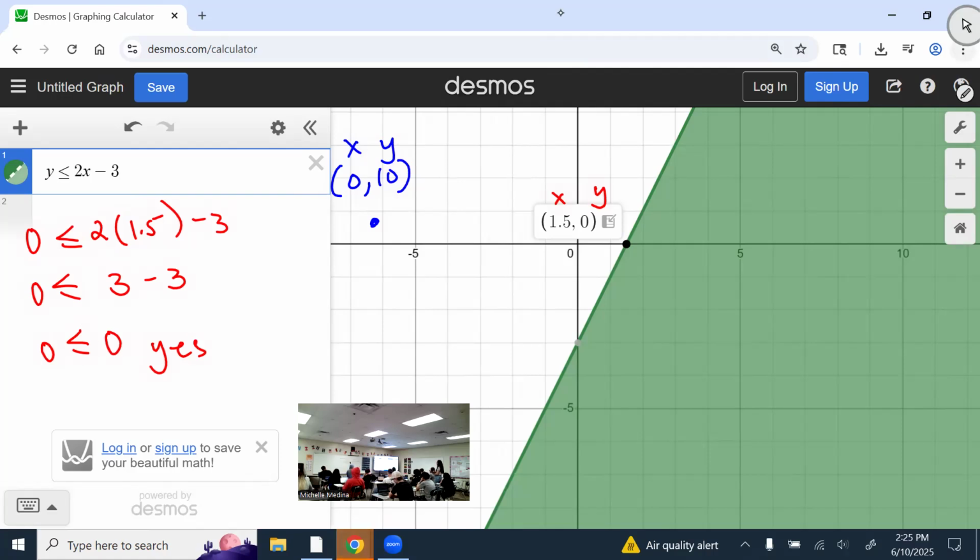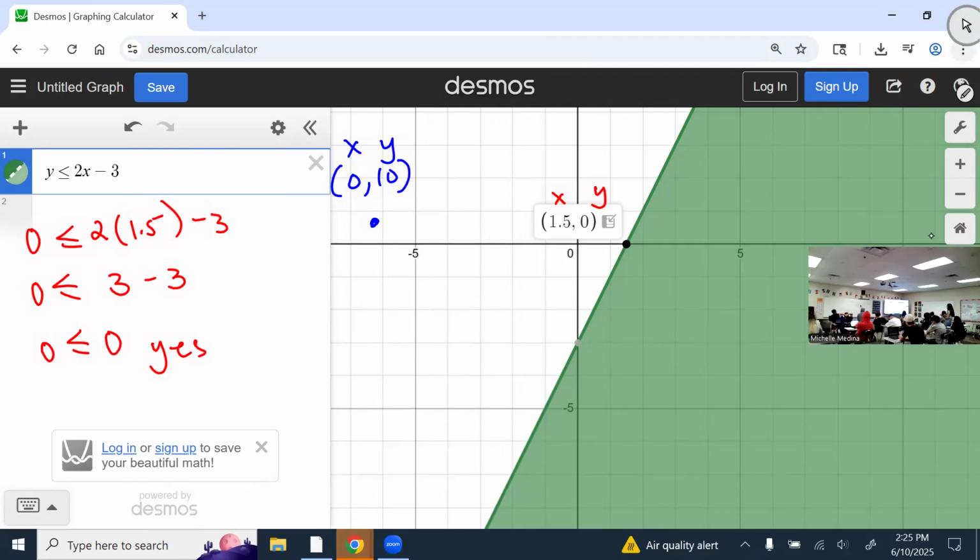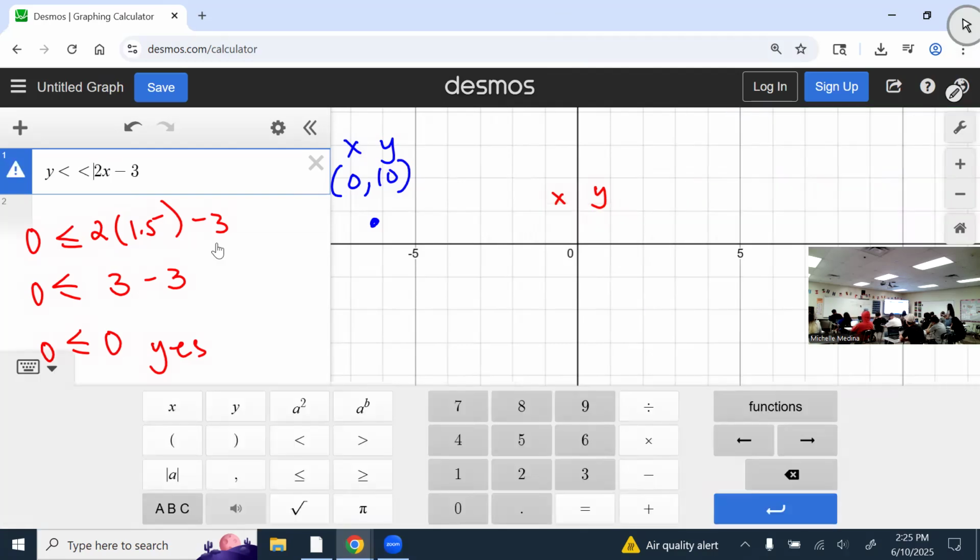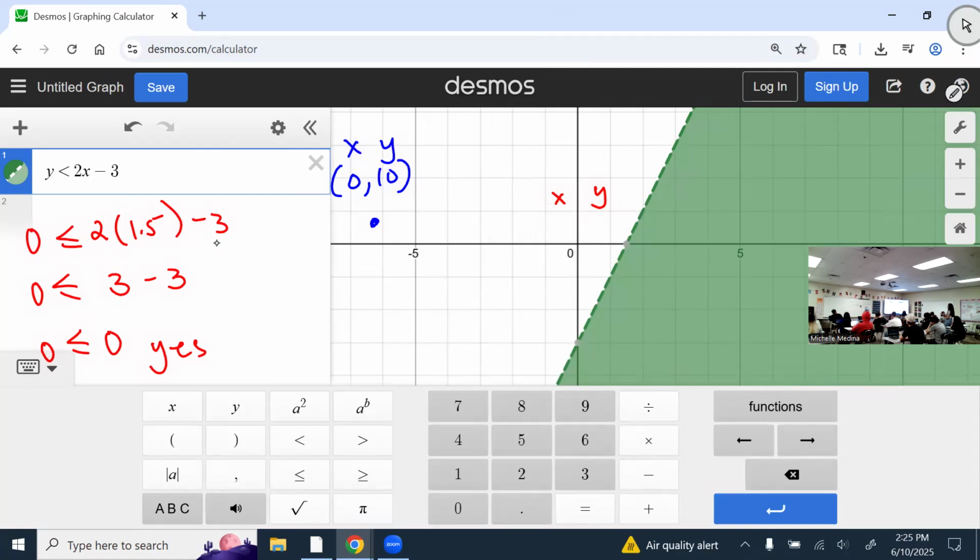See what happens if I change that symbol to one without the little line underneath. It turns into a dashed line. So all that changes is the fact that there's a little line underneath it.